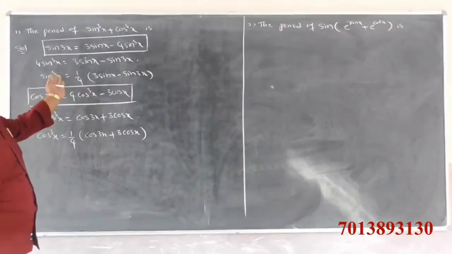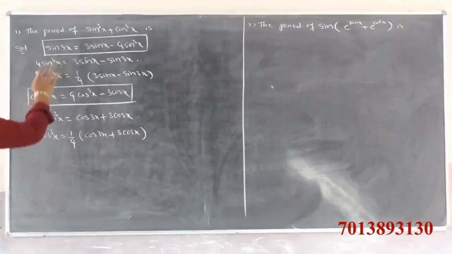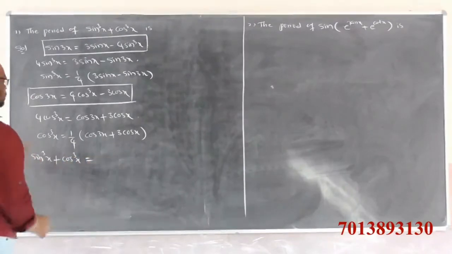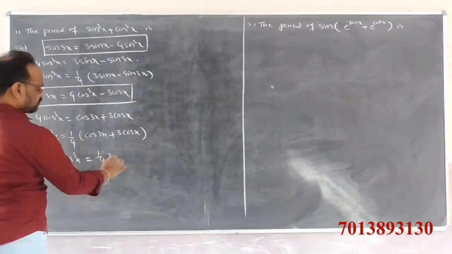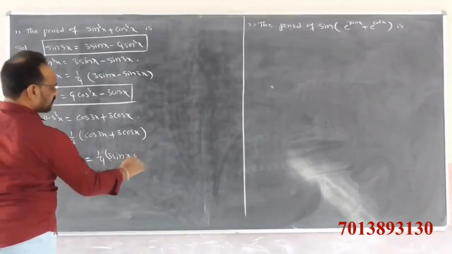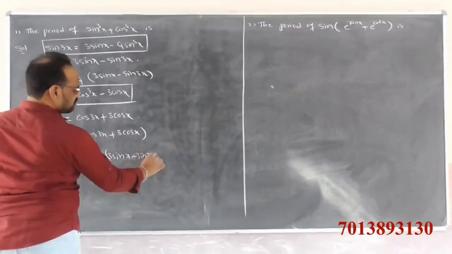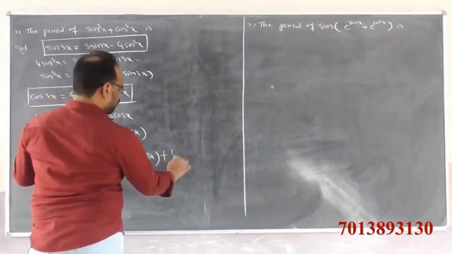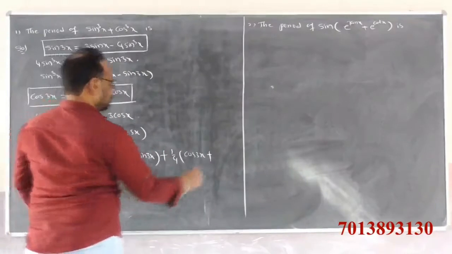So substitute the sin cube x and cos cube x values in the given function. Sin cube x plus cos cube x is equal to 1 by 4 times of 3 sin x minus sin 3x, plus 1 by 4 times of cos 3x plus 3 cos x.